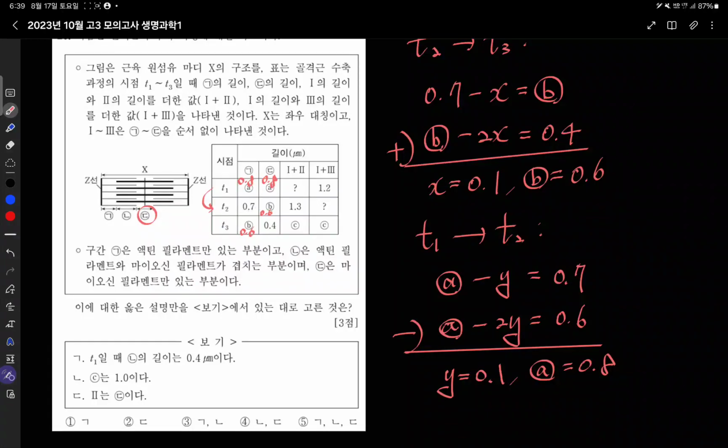Because 0.7 and 0.6 is equal to 1.3, we can think that 1 and 2 are the first and third part. So that means Roman numeral number 3 indicates the second part, the overlapping region.